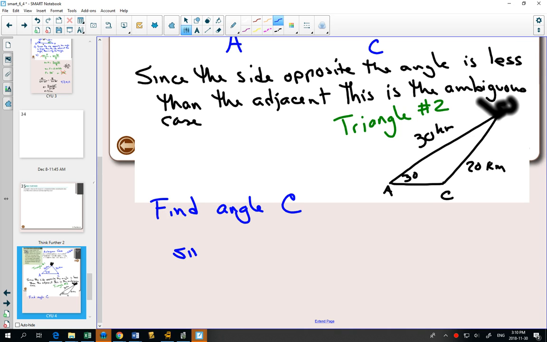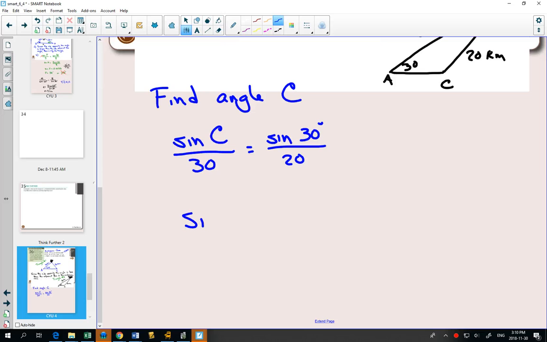So I want to find angle C, so I'm going to go sine C over 30 equals sine 30 degrees over 20. Multiply both sides by 30.